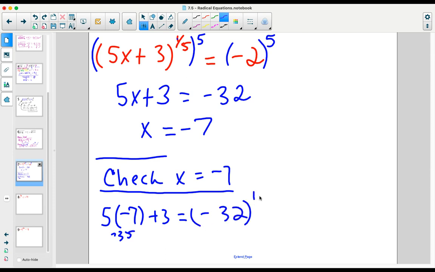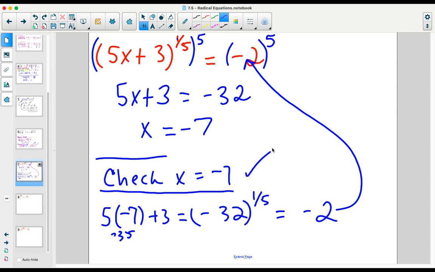Then -32 was raised to the 1/5 power. You ask yourself the question, can I raise a negative base to an odd power or an odd root? In this case, an odd root, you can. The 1/5 power of -32 is just -2, which is the original equation that we had. So this answer is good.